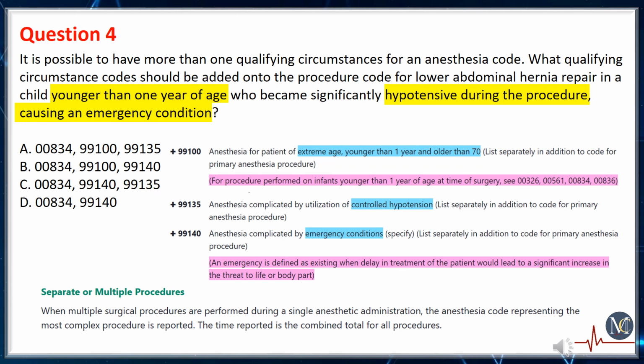The next qualifying circumstance add-on code is 99135, anesthesia complicated by utilization of controlled hypotension. Next qualifying circumstance add-on code is 99140, anesthesia complicated by emergency condition. According to anesthesia guidelines, when multiple surgical procedures are performed during a single anesthesia administration, the anesthesia code representing the most complex procedure is reported.